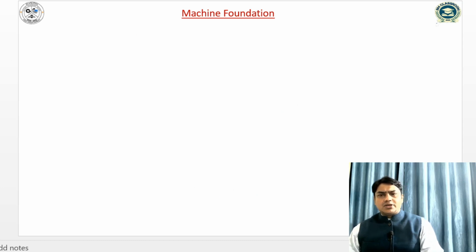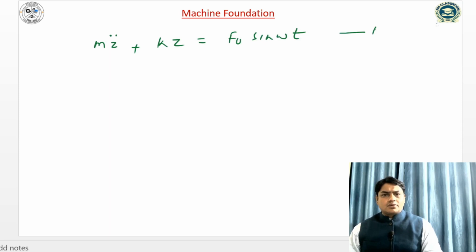If I write the equation according to D'Alembert principle, it will be m z double dot plus k into z is equal to the external force F naught sine omega t. Let z is equal to Az sine omega t.